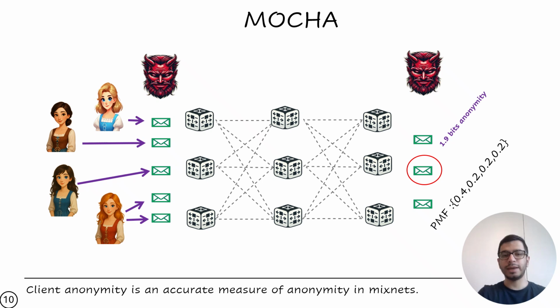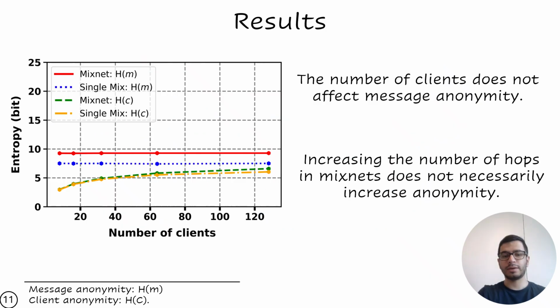And to make some comparison with message anonymity, in MOCHA we performed many experiments, but here I will show one of the key experiments to see how misleading the message anonymity metric can be. To this end, we considered 2 settings.